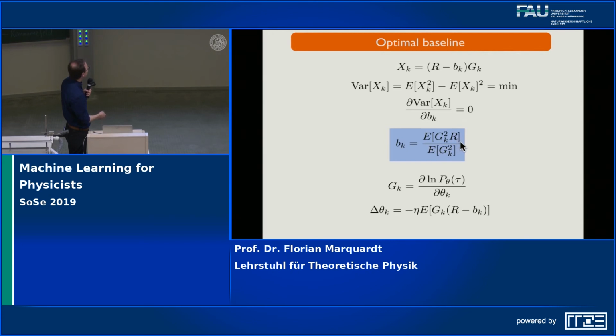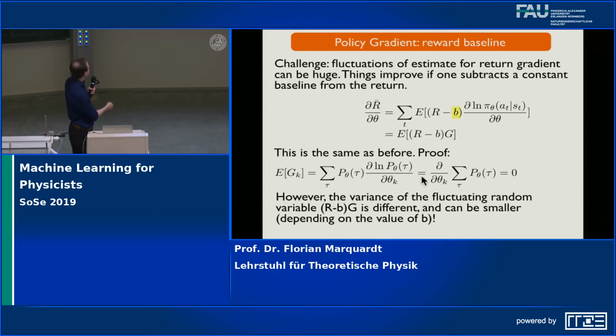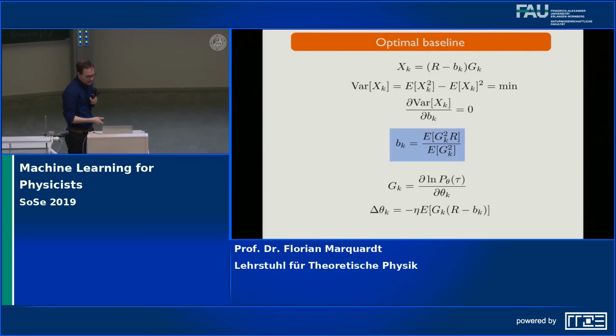So you see it's almost something like the average return, which would make sense, right? If you had to guess what a good baseline to subtract is, you would say, let me just subtract the average return, because then sometimes this difference will be positive, sometimes negative. That seems to be a good compromise. It turns out it's slightly more complicated. I still do an average, but I weight with respect to this gradient squared factor. Okay, so this is how it works.